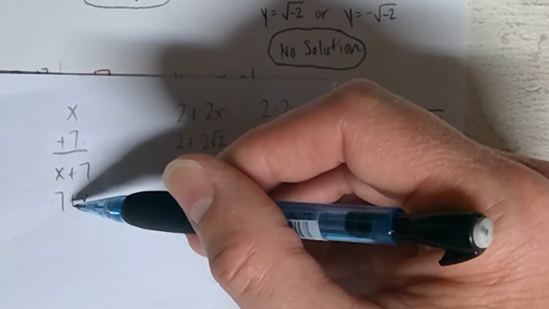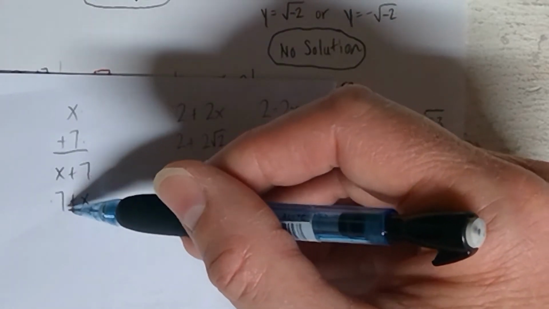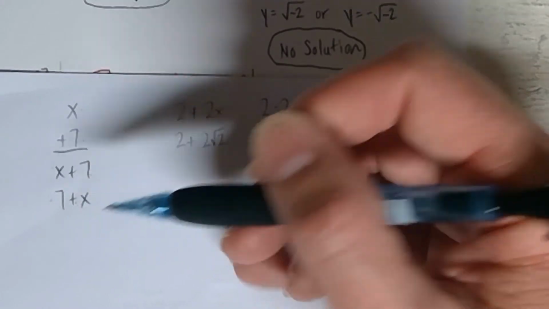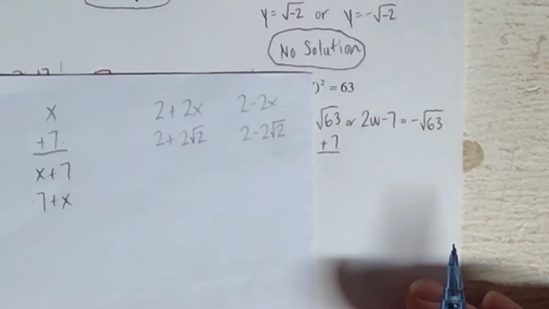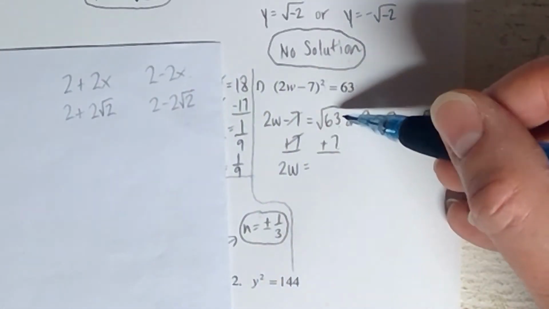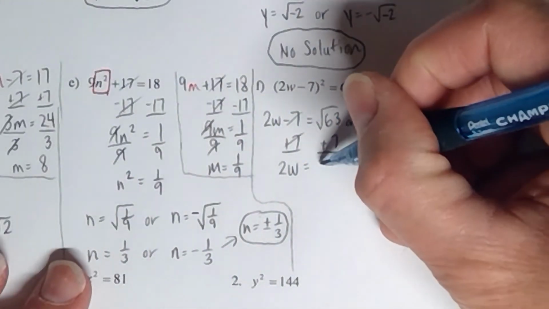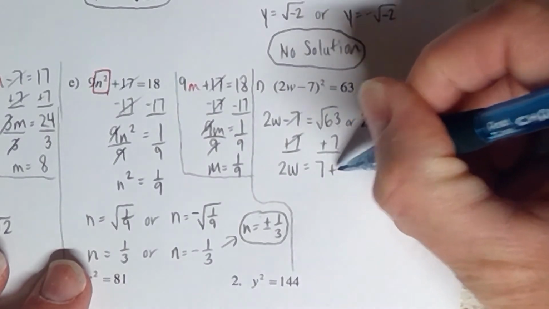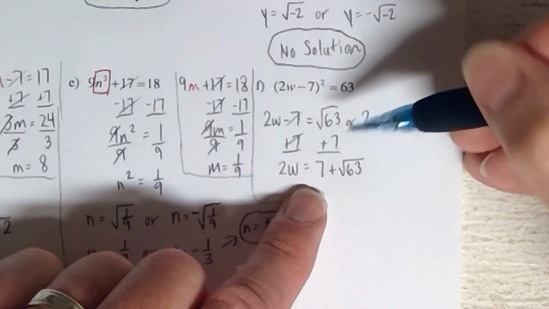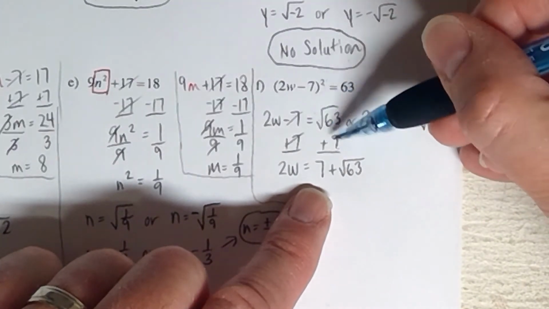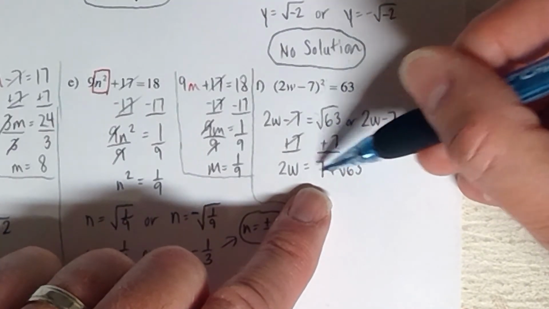So as long as the signs are the same in front of each term, and as long as you still have a plus or minus separating them, you're allowed to reverse the order of two terms that are being added or subtracted together. These are being added, so I can reverse them as long as I still have the same signs in front of each term. Positive and positive is in front of each term here, and that's still true.